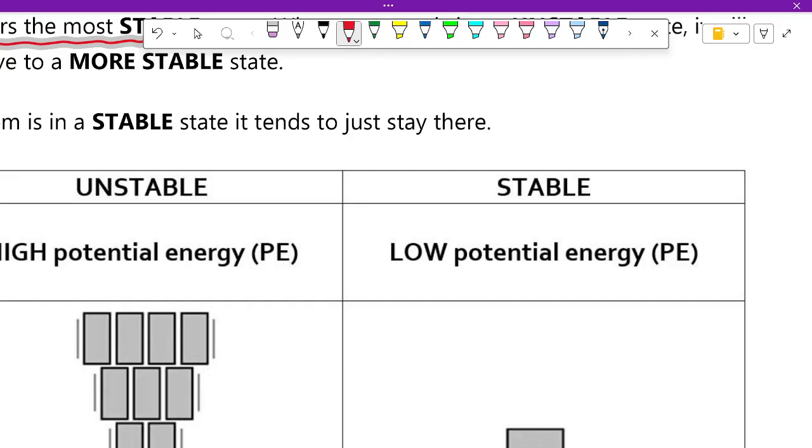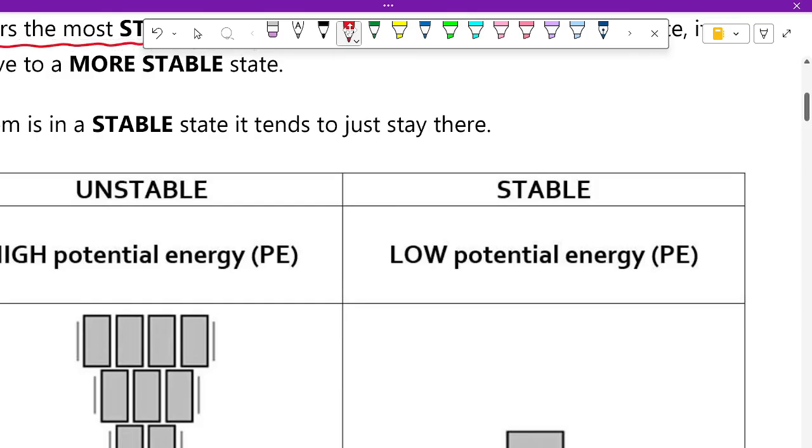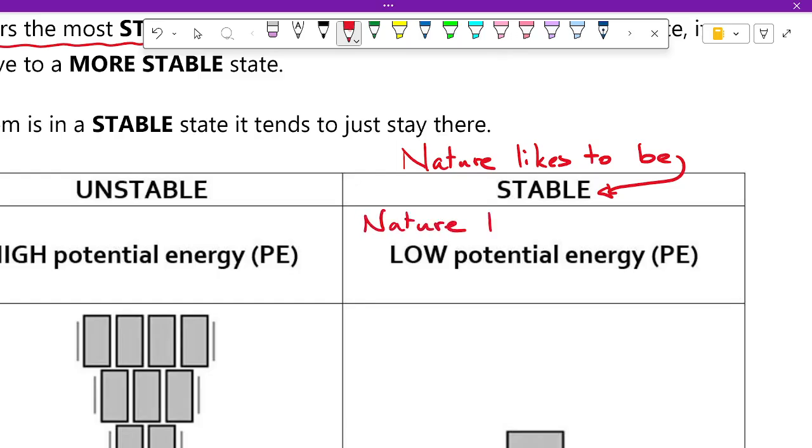So nature likes to have low potential energy. And because potential energy is such a big, long word, we can just call it PE.